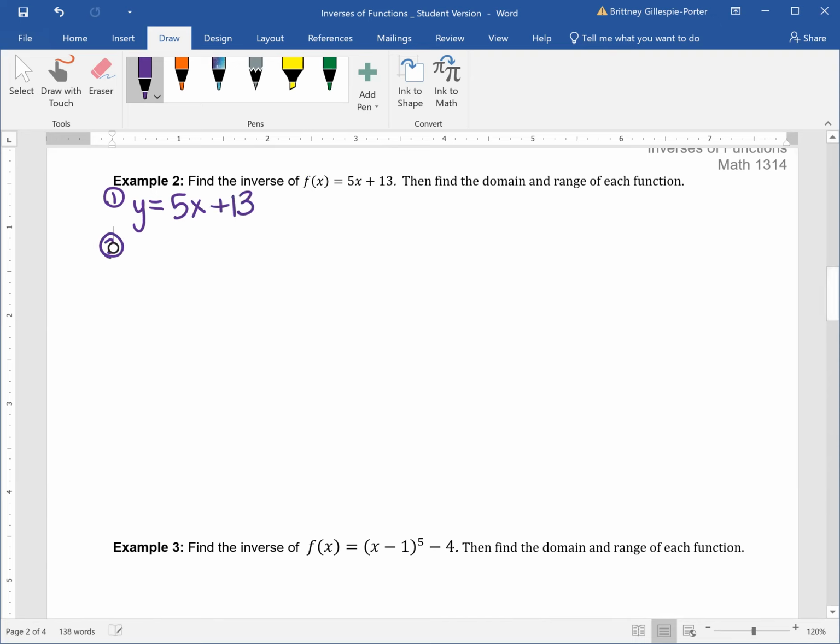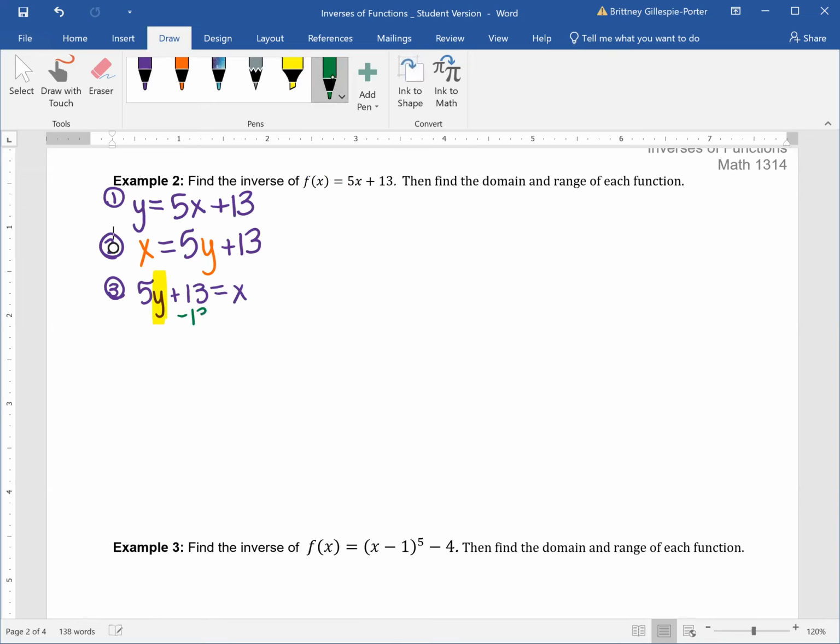Step 2 says we need to flip the x and the y. So now we have x is equal to 5y plus 13. Step 3 says that we need to solve this equation for y. So I'm going to rewrite my equation with y on the left-hand side because that is the variable we are solving for.